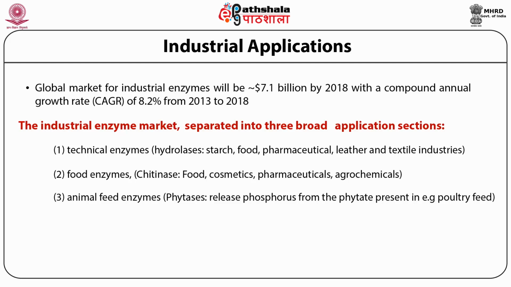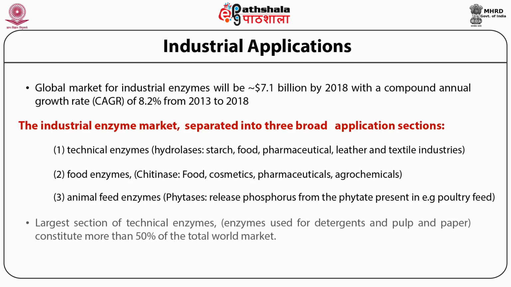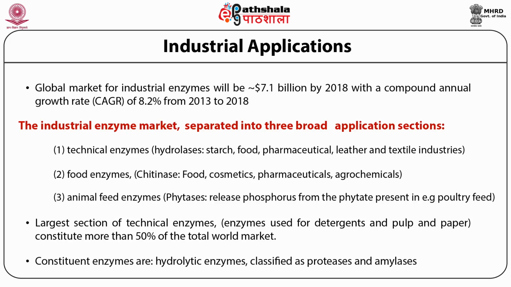Now among these 3 sections, the largest section is comprised of technical enzymes, and these enzymes, which are hydrolases, are used in detergent, pulp, and paper industry. And this single section of technical enzymes constitutes more than 50% of the total world market. The constituent enzymes of these hydrolytic enzymes are proteases and amylases.